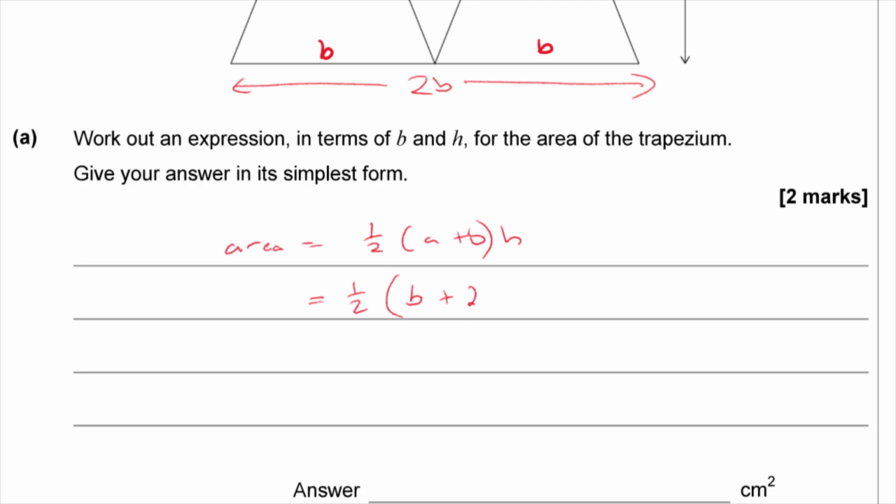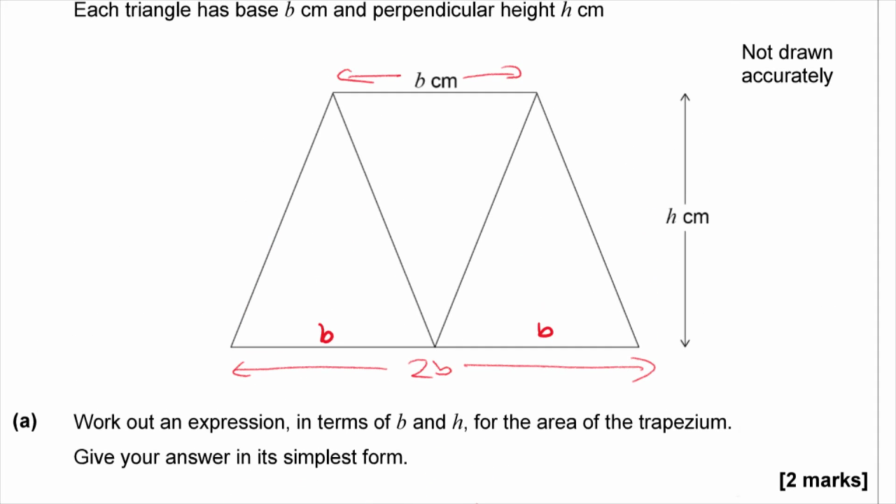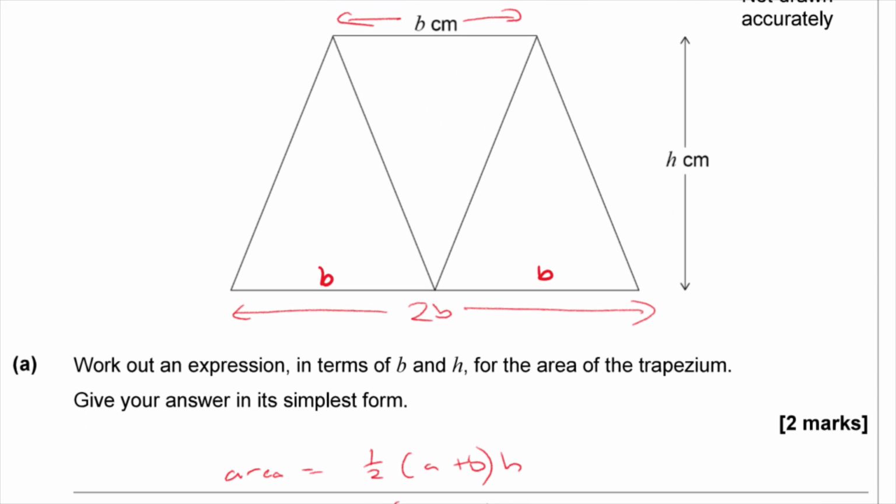So I'm going to have b plus 2b. That's my 2 parallel sides, and my h is still h there. Okay, so just to make that very clear, my a is going to be this one up here, which in this case is b. My B of my formula is going to be this one here. It's my second parallel line, and my h is just h.